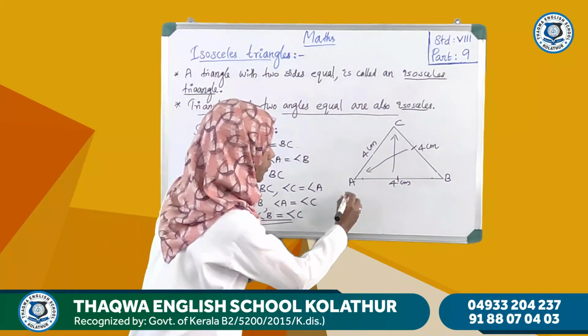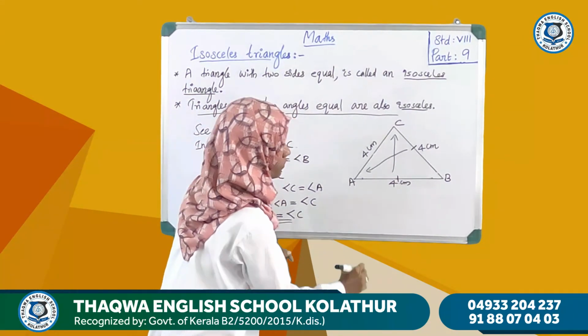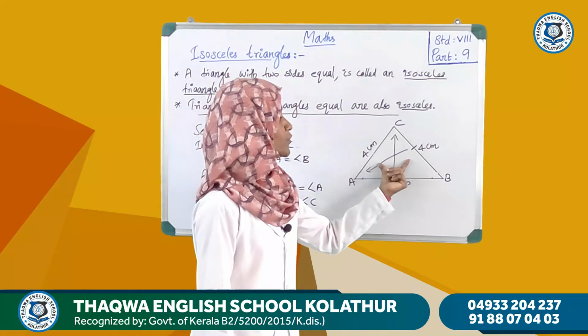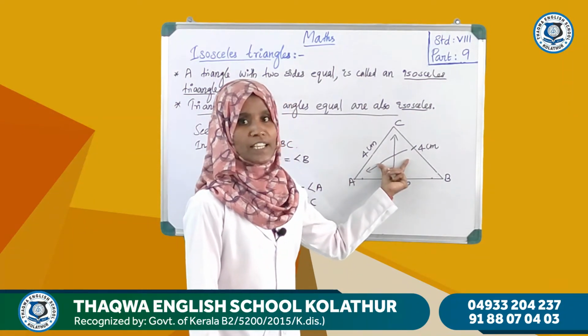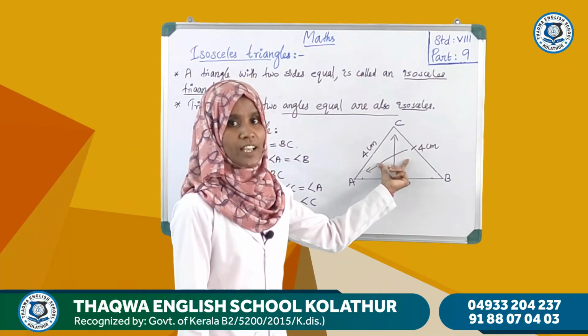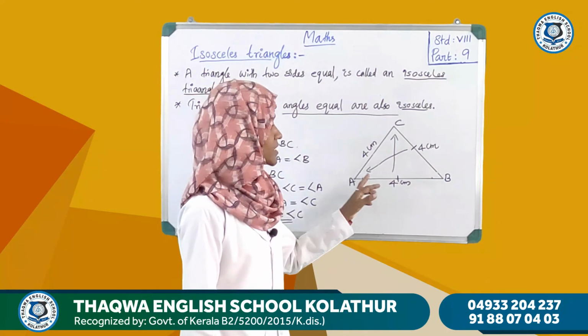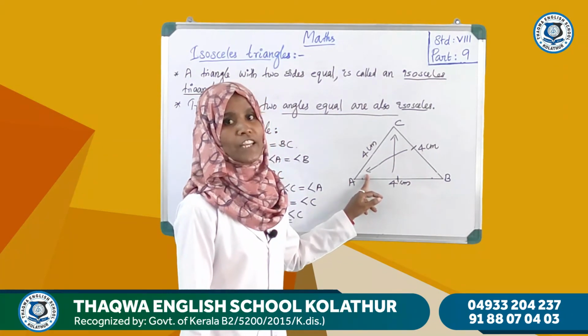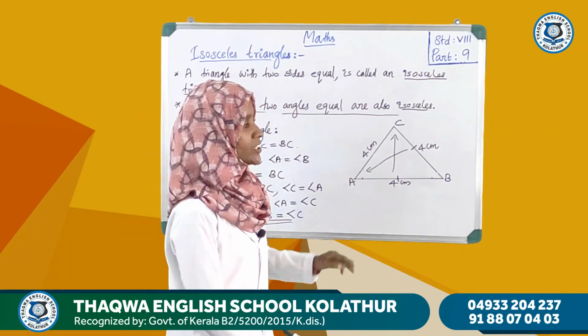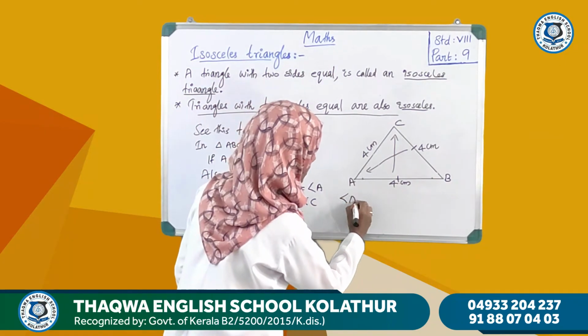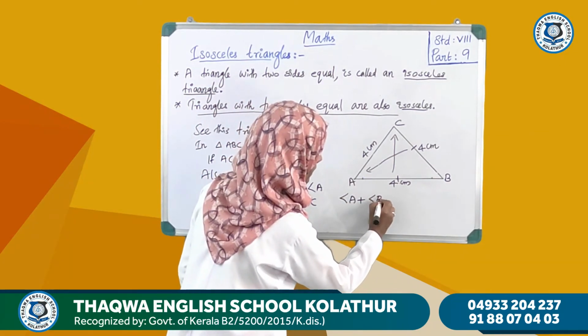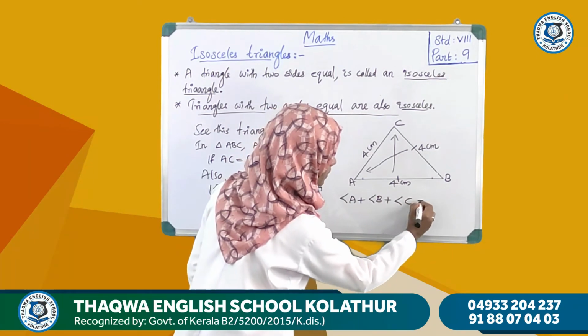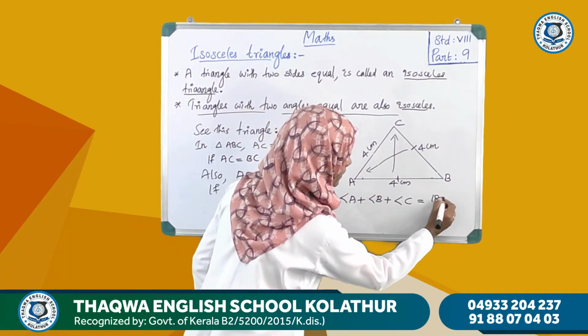Now listen. We know that the sum of the angles of any triangle is 180 degrees. So we can write angle A plus angle B plus angle C equals 180 degrees.